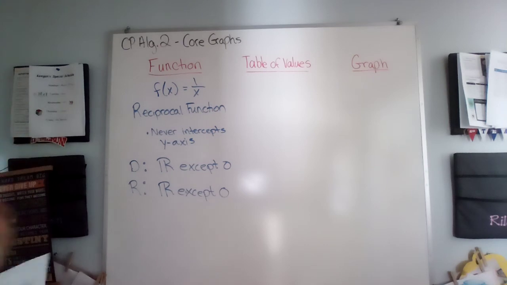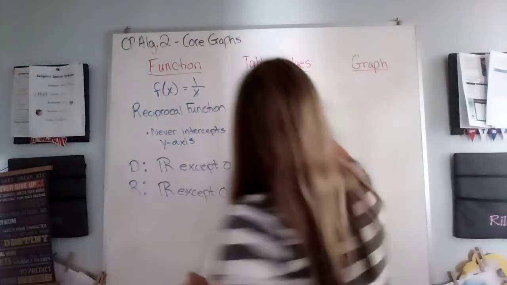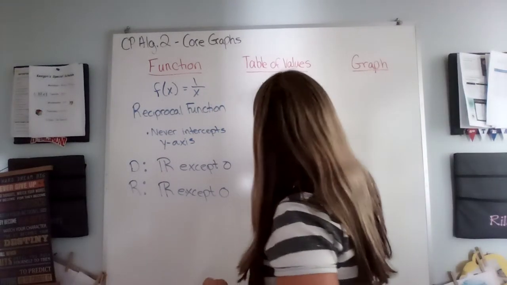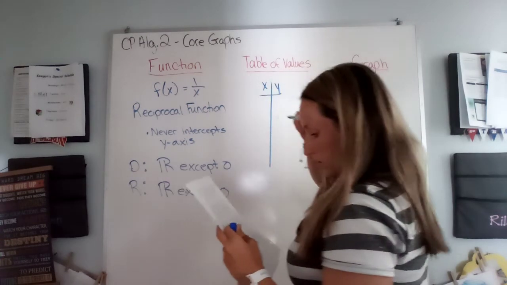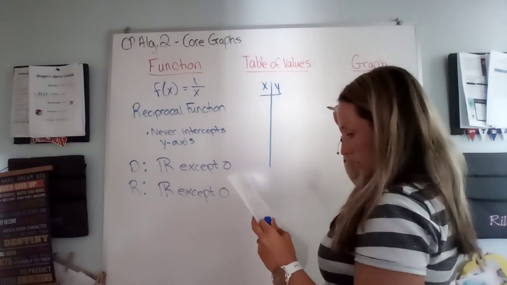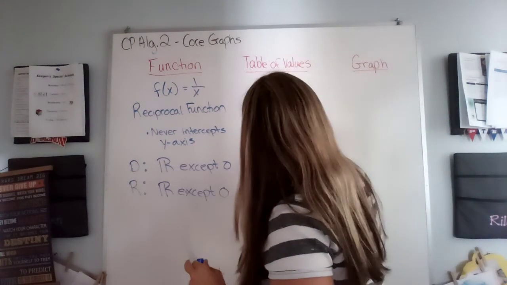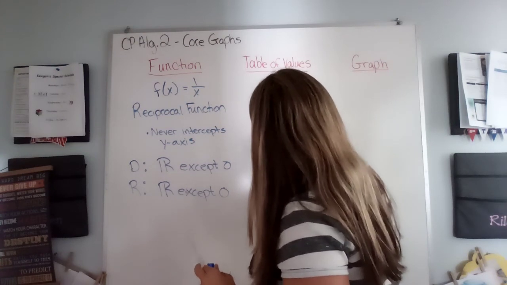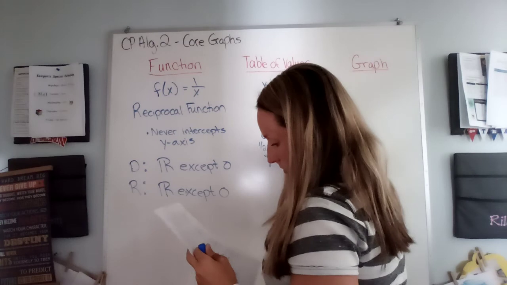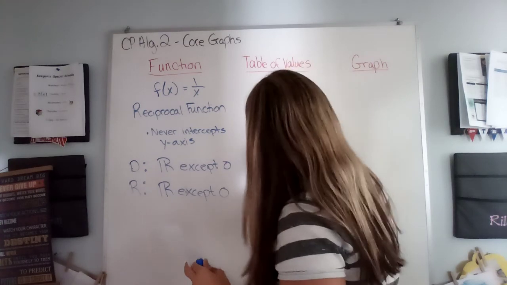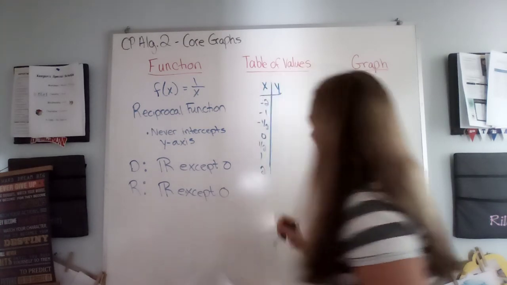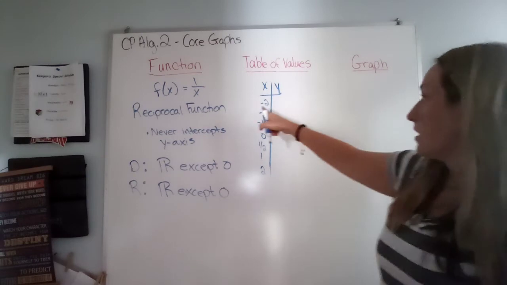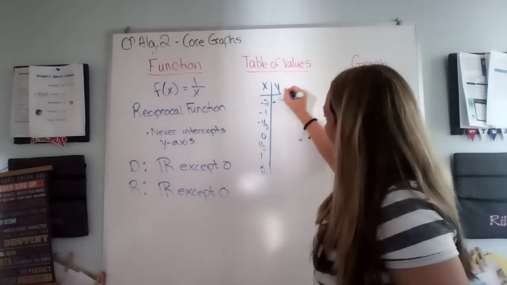All right, so your table of values, I think we're going to extend it just a bit. I'm going to do -2, -1, -1 half, 0, 1 half, 1, and 2. Okay. So if you plug in -2, you're going to have -1 half.